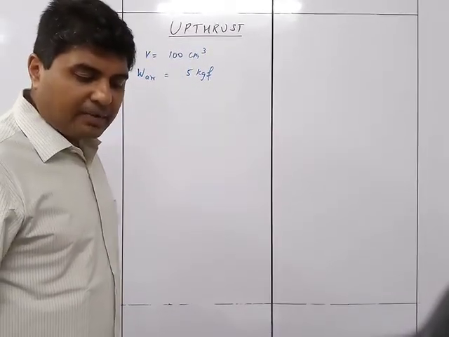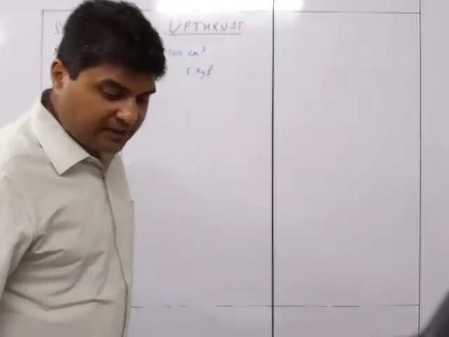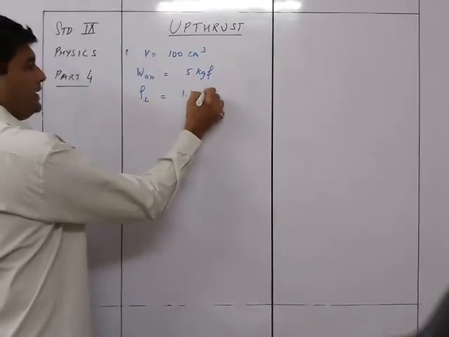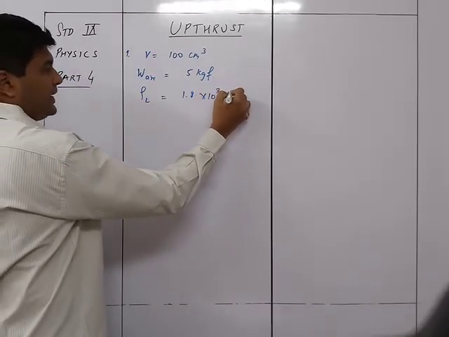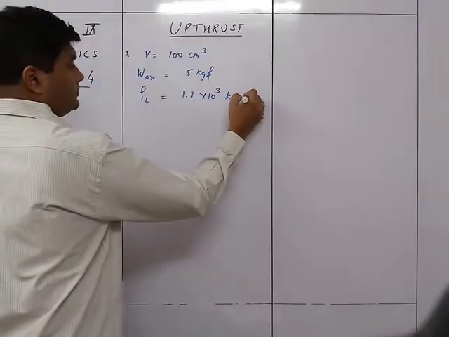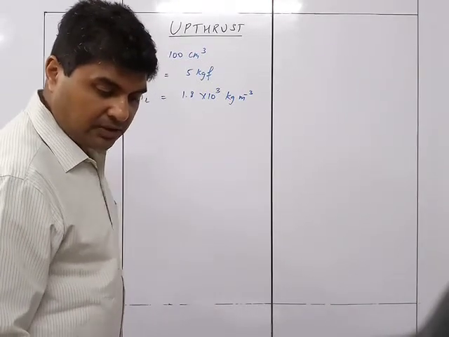It is completely immersed in a liquid of density 1.8 into 10 raised to 3 kg per meter cube. So we can see rho L is equal to 1.8 into 10 raised to 3 kg per meter cube. And you need to find out the upthrust and the weight of the body.